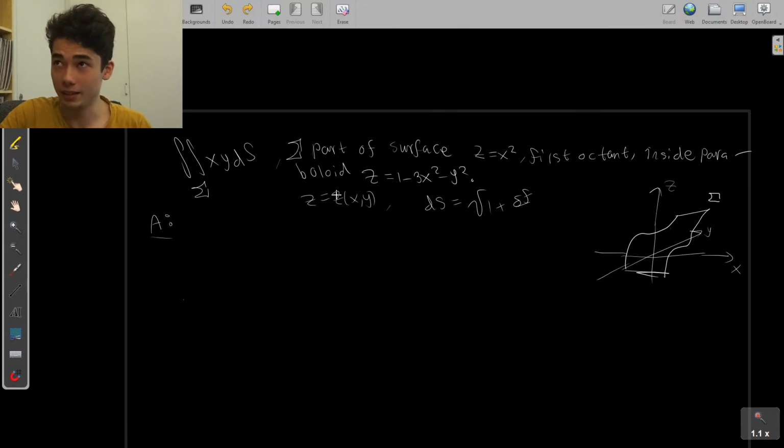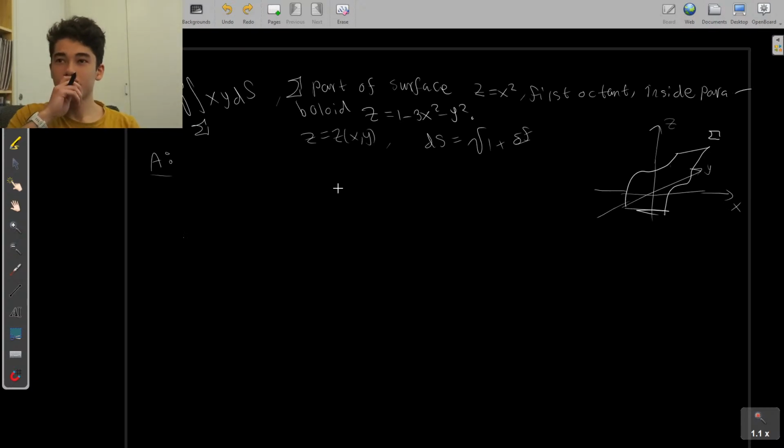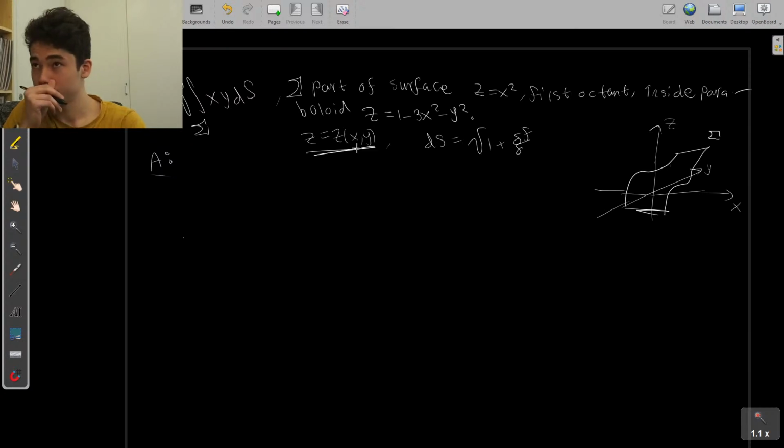But anyways, I think there is a theorem saying that if we can describe one of our coordinates as a function of the other ones, we can write it as this, I think.